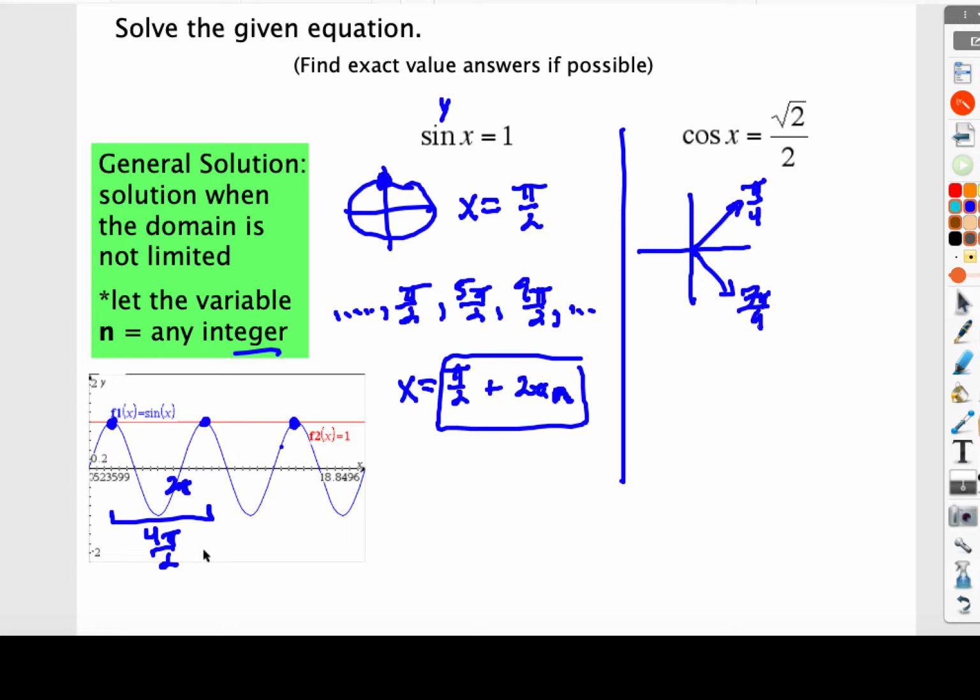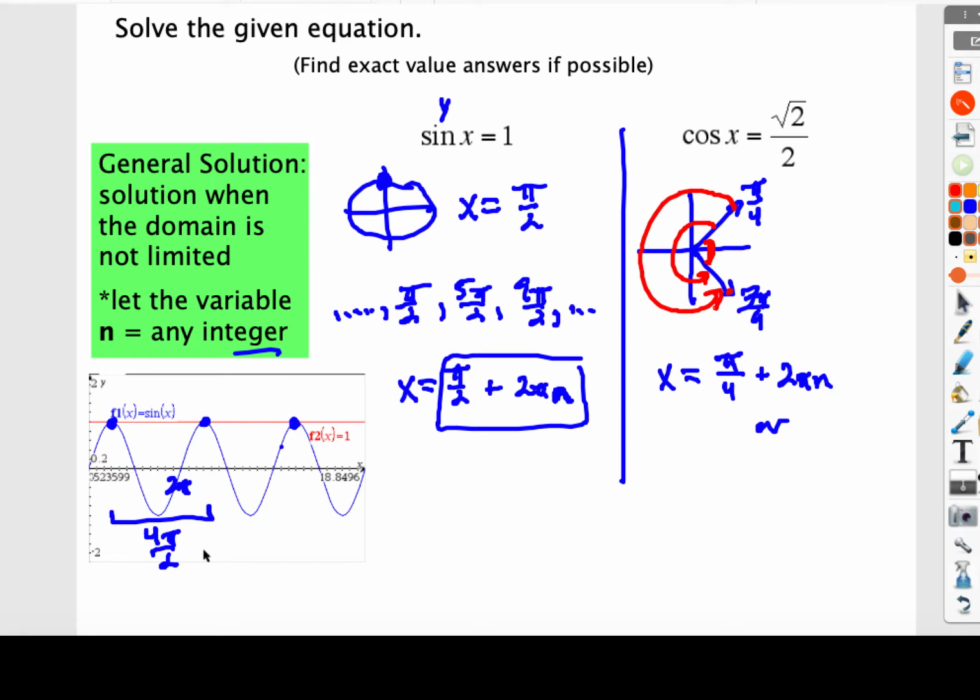So this time what I'm going to want to do is say my first answer plus the period of the cosine, so again 2 pi n, over and over. Because of the distance between these two angles and the distance all the way around here, if I'm going around and around my circle, I'm traveling a short distance to get from 7 pi over 4 to pi over 4, but then I'm going a long distance to go back around.